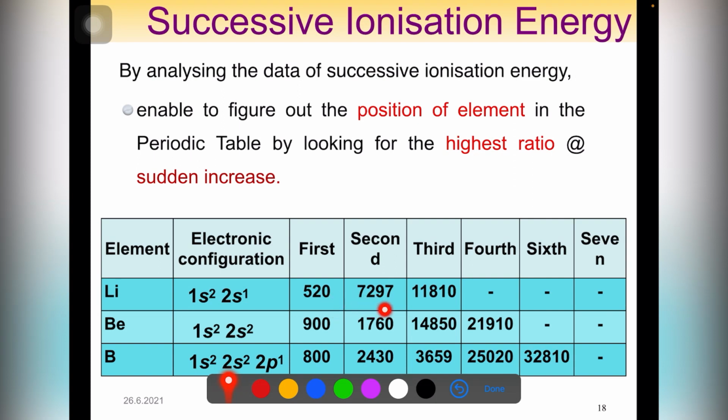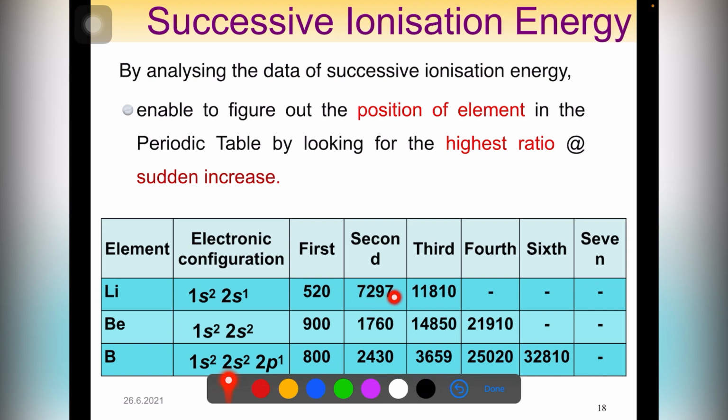Compared to the first ionization energy, this amount suddenly increases. So it shows that the second ionization energy is the energy used to remove an electron from the inner shell. So it shows that the electron is the inner electron in the inner shell.